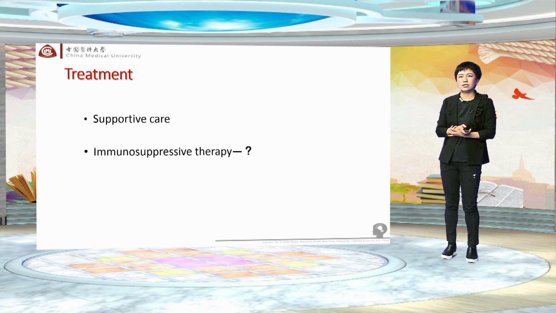Immunosuppressive therapy is not required in patients with membranous nephropathy whose proteinuria is less than 3.5 grams per day and estimated GFR is more than 60 milliliters per minute per 1.73 square meter.